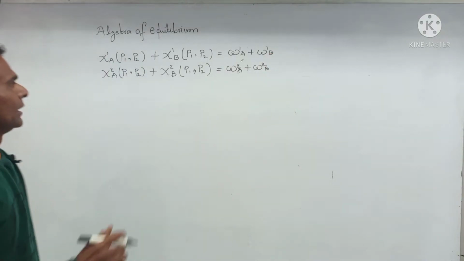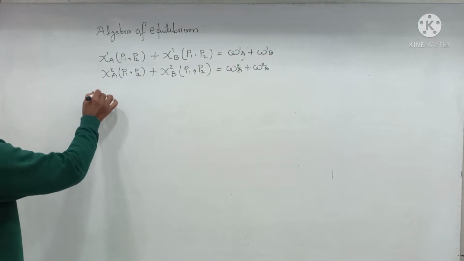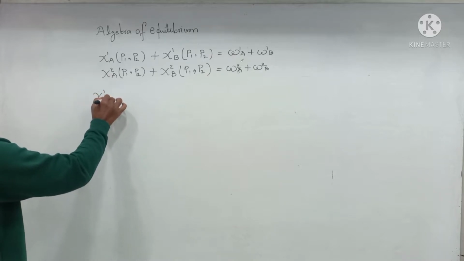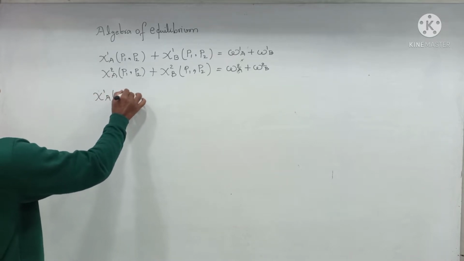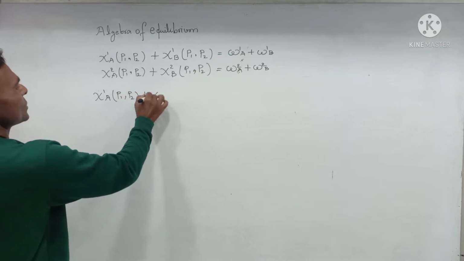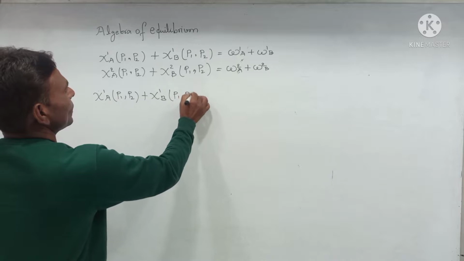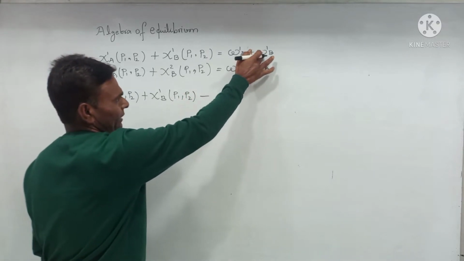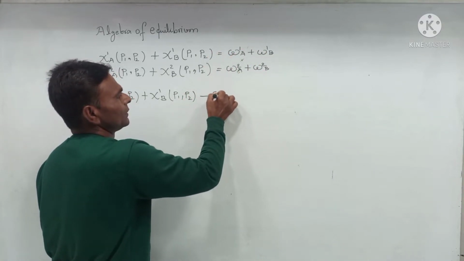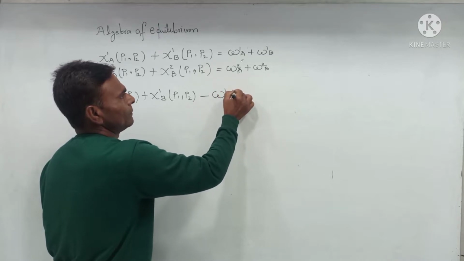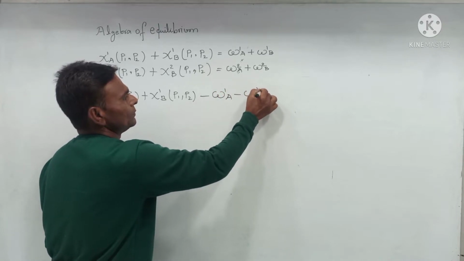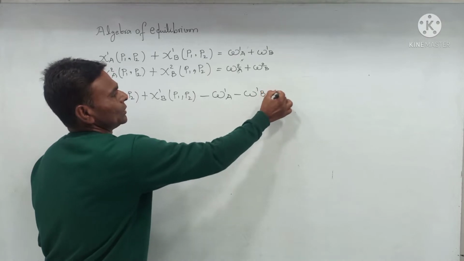Got it? Now it can be written, x1a(p1,p2) plus x1b(p1,p2), minus, shifting this term, w1a minus w1b equal to 0.